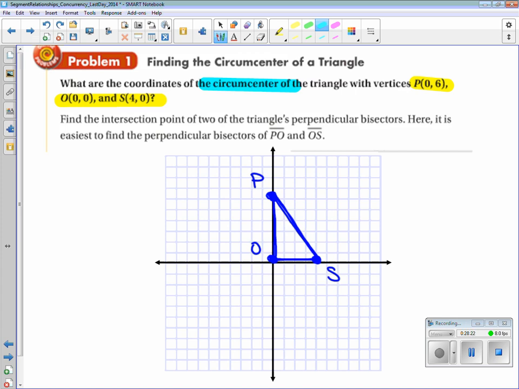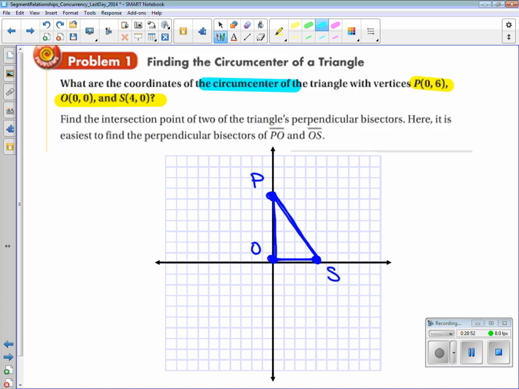First of all, if I said a different question, if I said where the orthocenter is, what's the orthocenter? Altitude. Where do the altitudes in a right triangle intersect? Think about it. Which point?